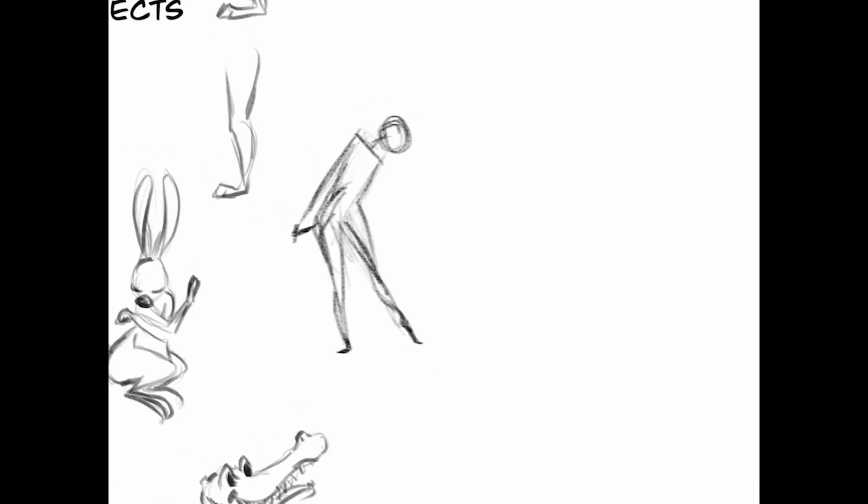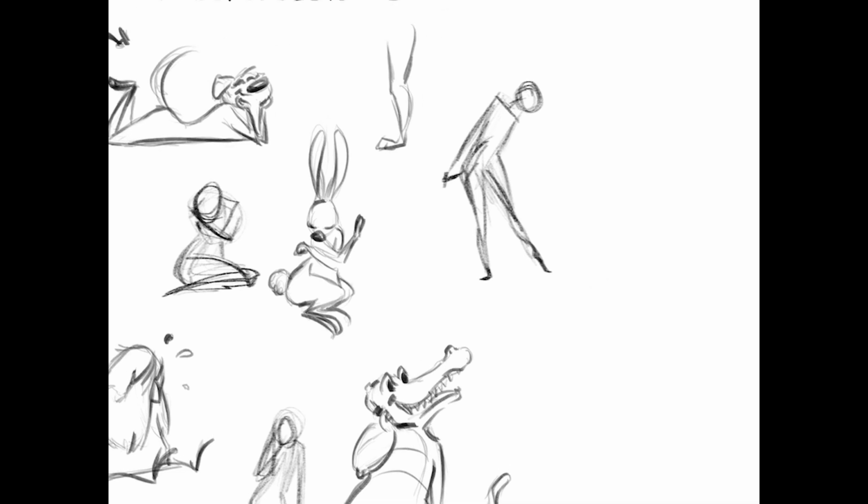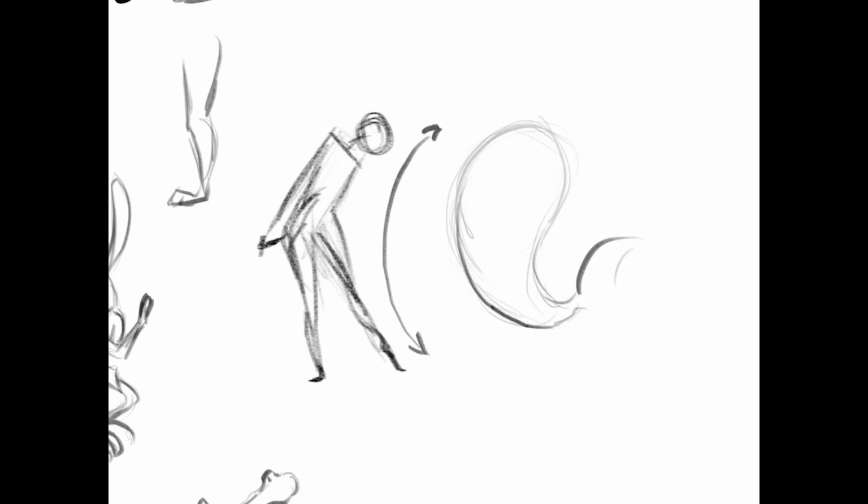Sometimes it's easier to work with animals that have four limbs, two arms, two legs, just like a human. But what do you do if you have, for example, a fish? What you can do with at least the body is try to get the same dynamic into it. So we're gonna go with that.